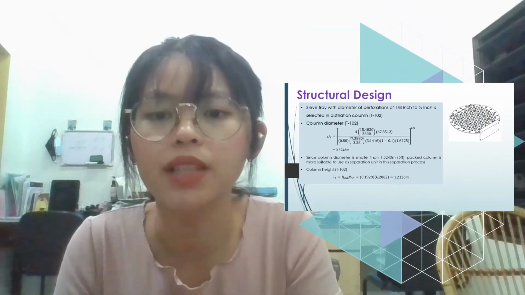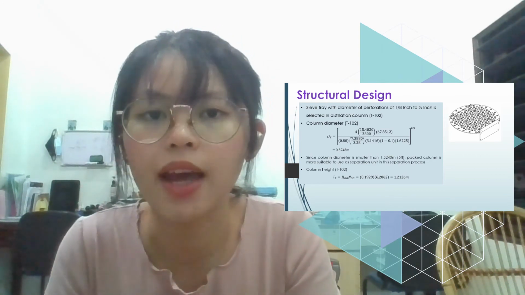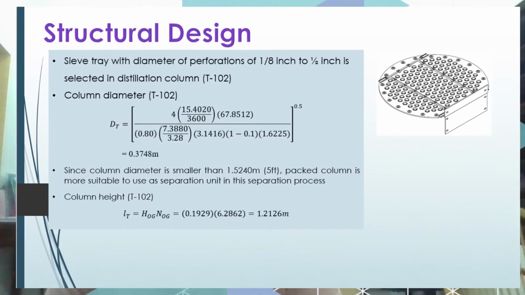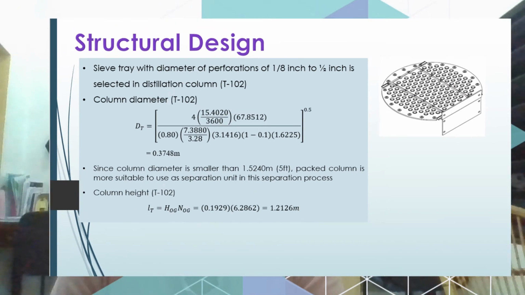The column diameter is calculated using the formula on my right hand side, and we get 0.3748 meter. Since the computed column diameter DT is 0.374 meter, which is smaller than 1.524 meter, a packed column is more suitable to use as the separation unit in this separation process.